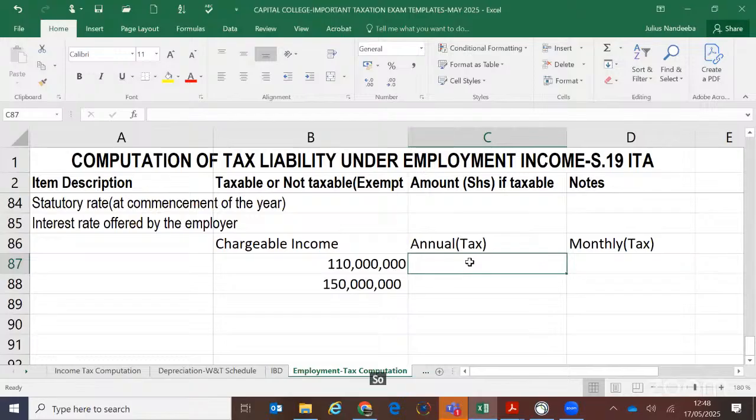So where you have less than 110 on a monthly basis, we said you first get 300,000.